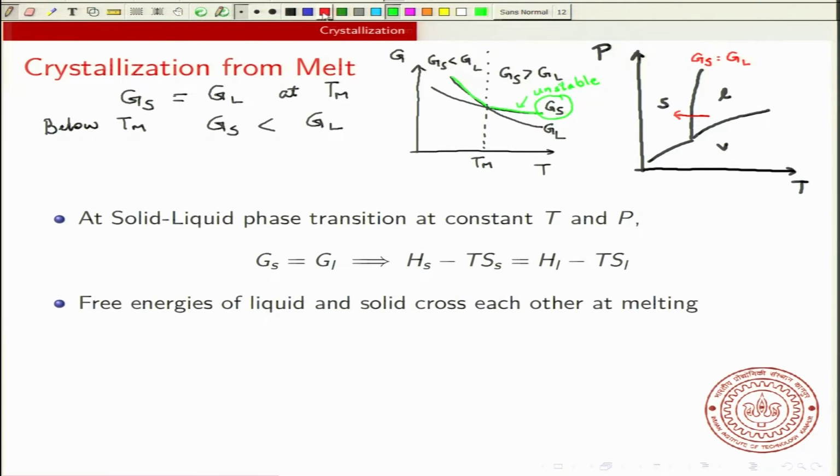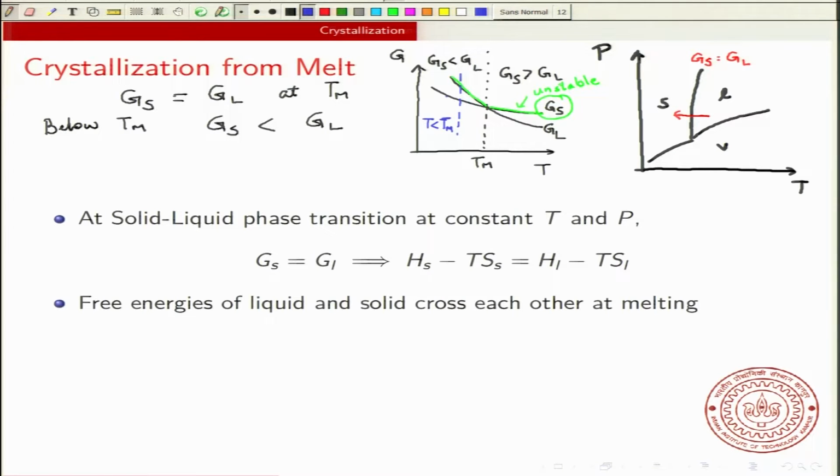that this free energy of solids and liquids will typically cross each other at melting. So you can imagine that if you are at some temperature below the melting point, let's say you are at this temperature, so you are at some T less than T melting, then as you go lower and lower, the difference in the free energies of the liquid and solid increases.